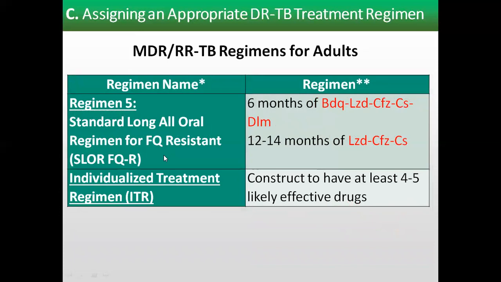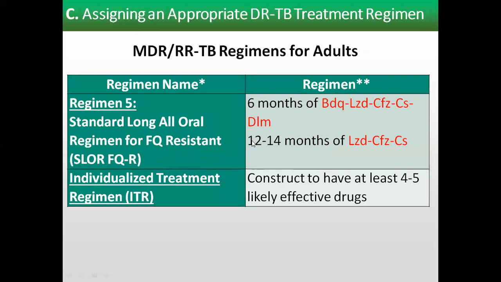And our regimen 5, kung yung kanina, fluoroquinolone susceptible, ang ating regimen 5 is SLOR fluoroquinolone resistant. So, meaning, either nakita sa ating line probe assay that the patient is already resistant to a fluoroquinolone. So, meaning, you cannot anymore give levofloxacin or moxifloxacin in this case. So, abbreviation natin siya, SLOR fluoroquinolone resistant or SLOR FQR.